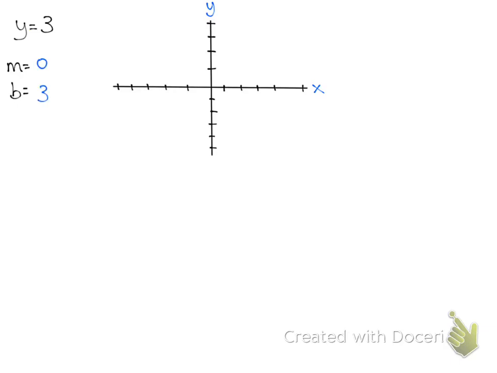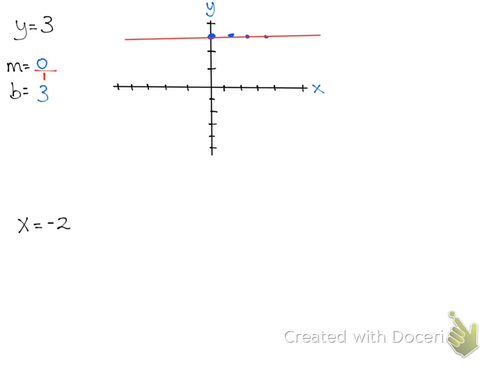So your slope is 0, your y-intercept is 3. Since your y-intercept is 3, you're going to start at 3 on the y-axis. You're not rising anywhere, because your slope is 0 over 1. So you're not rising, but you still go over 1. It's going to be a horizontal line. So regardless of which number you're looking at on the x-axis, your y value for that point is going to be 3.